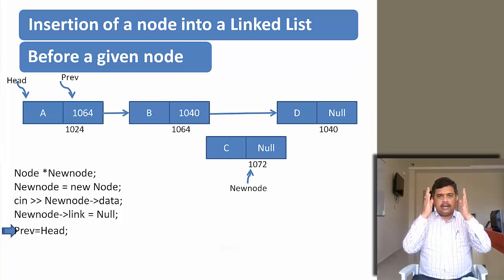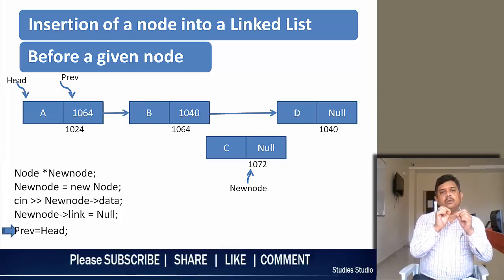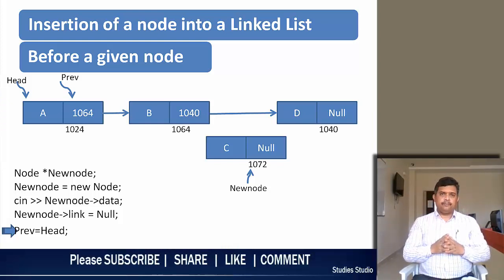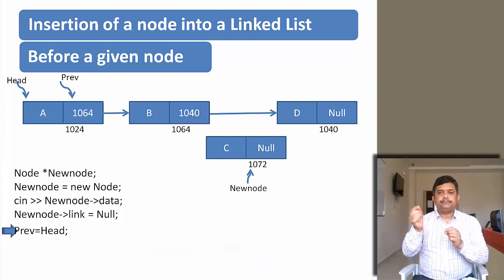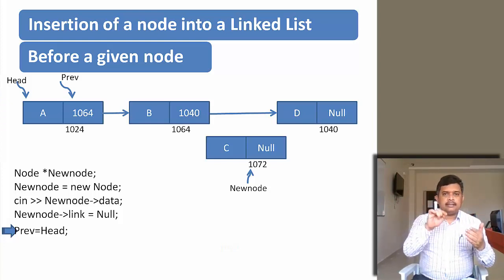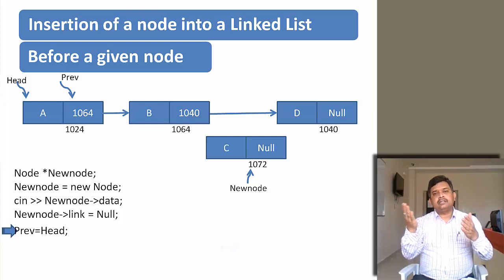The criteria will remain the same as inserting a node after a given node. So instead of saying insert this node as the third node or insert this node before the existing third node, it is the same as saying enter this new node after the second node.